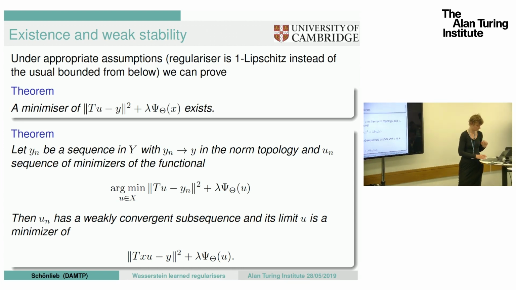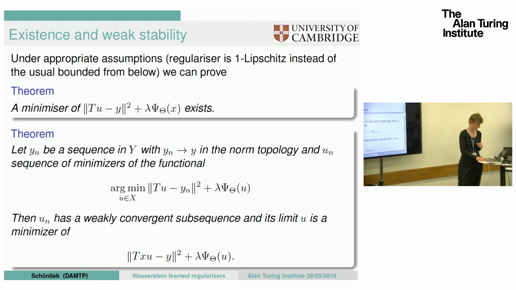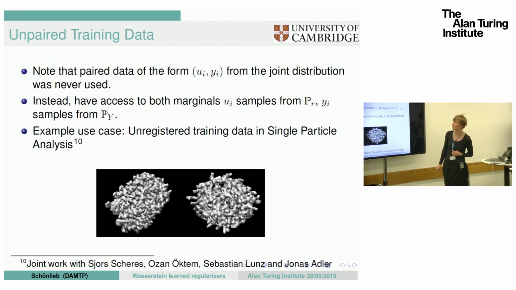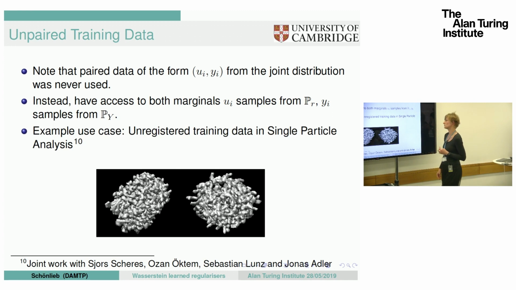What we are heavily using here is the one Lipschitz property that we get from the regularizer. I'll say something very briefly about something that Ozan and I are interested in: when does it make sense to have a regularizer?